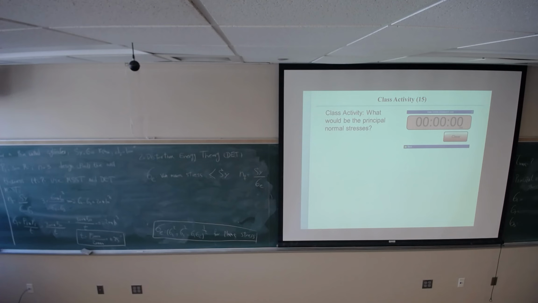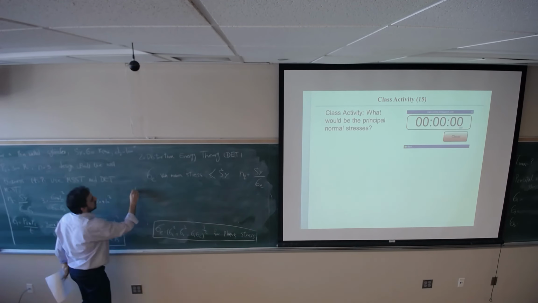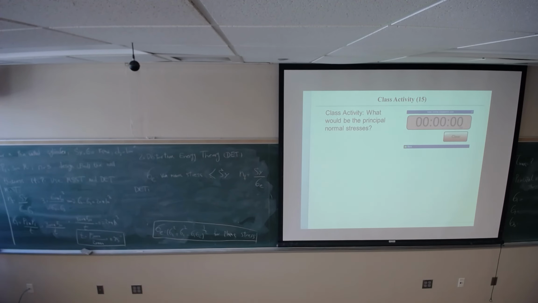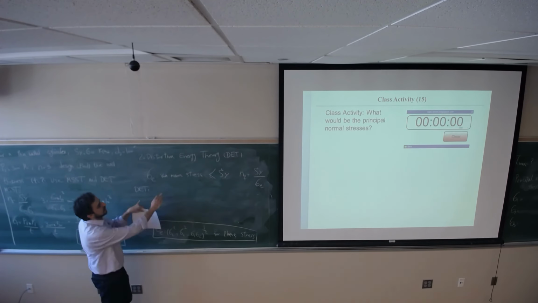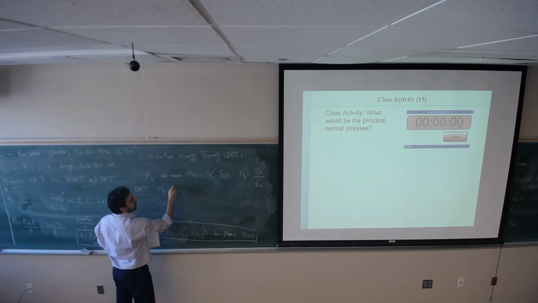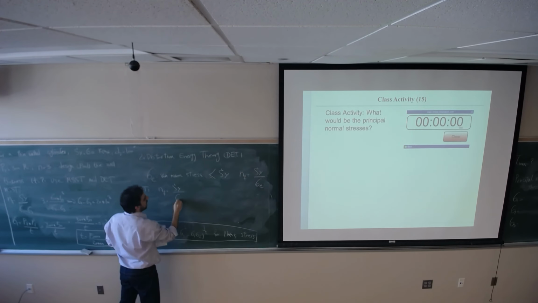Question on this? All right, let's apply the other theory, distortion energy theory. Distortion energy theory says NF, or factor of safety, is Sy divided by the von Mises stress.